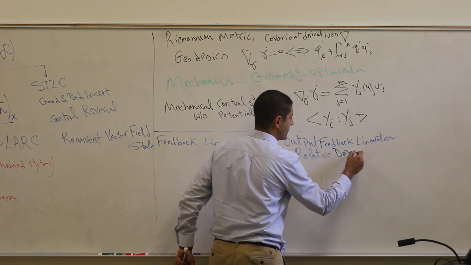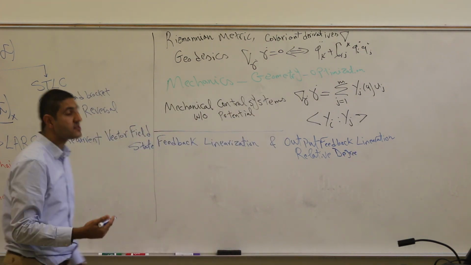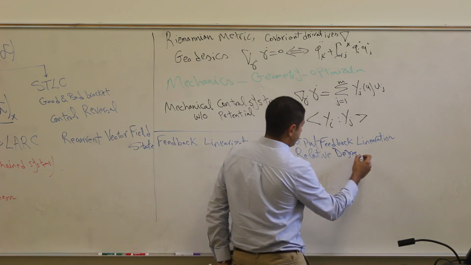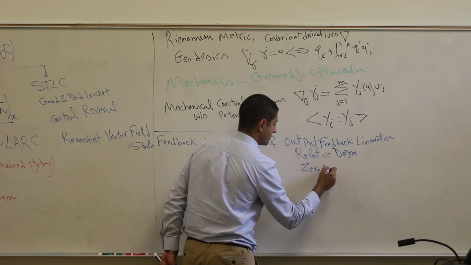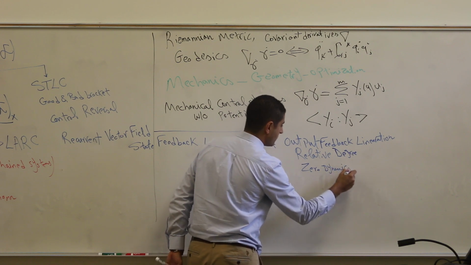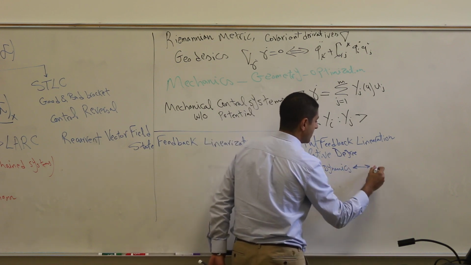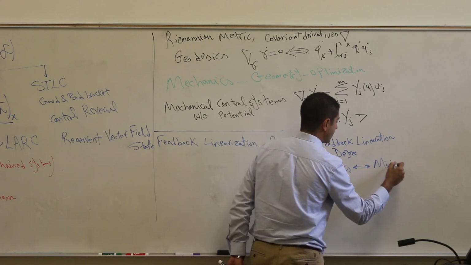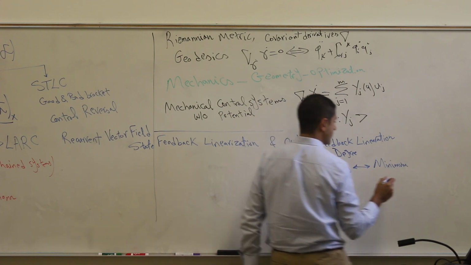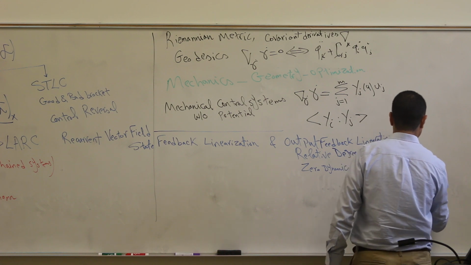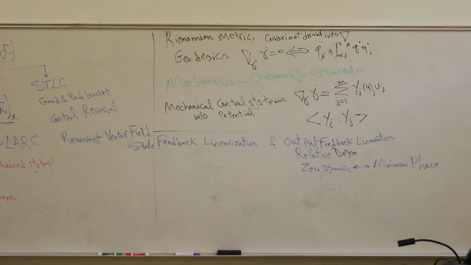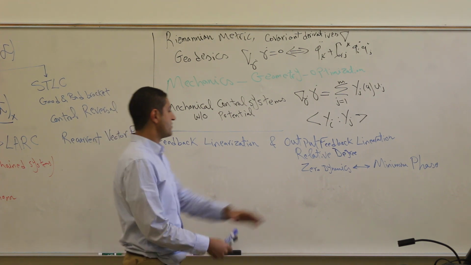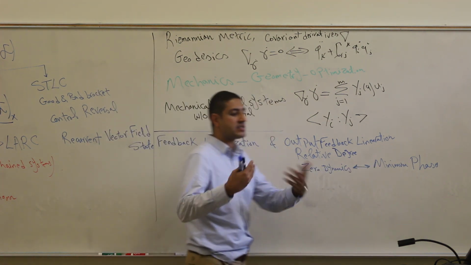So how many times you're going to differentiate your output function until the input appears. And this was also related to the concept of zero dynamics and its relation to the concept of non-minimum phase or minimum phase. And again, it's an extension from linear system theory. In a linear system, the zeros should be in the left half plane, no zeros in the right half plane, for minimum phase. And here we extend it to nonlinear systems. You get the zero dynamics and check that it's stable on its own.